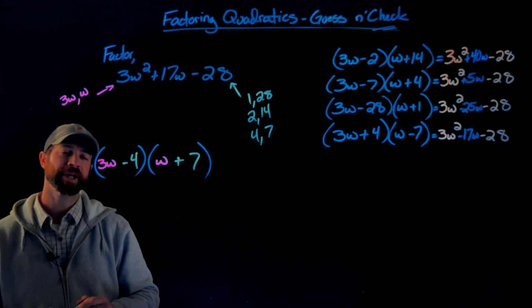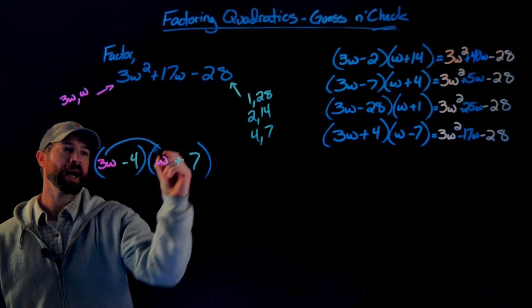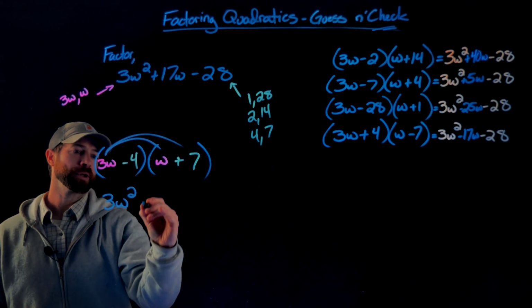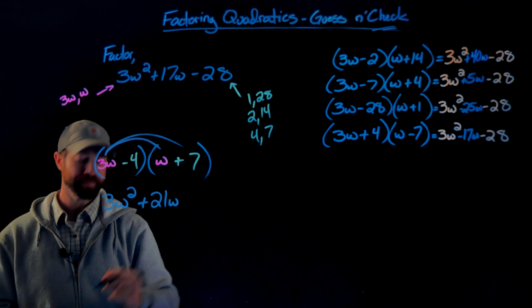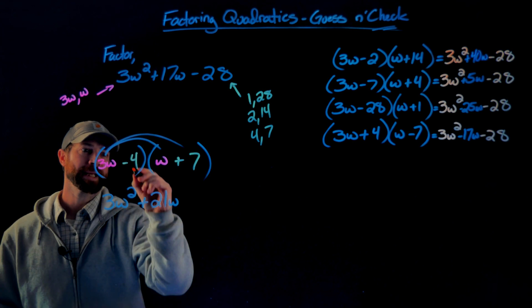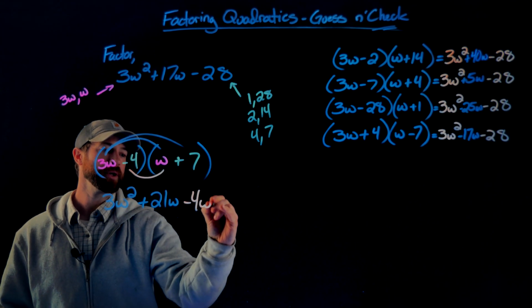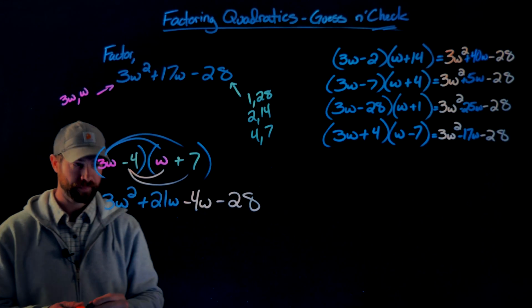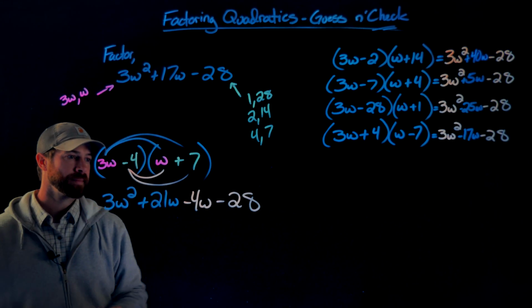Just to do a final check on this, if I multiply this out, I get 3w squared, as I manufactured. I get a plus 21w, and then I get a negative 4w and a negative 28.